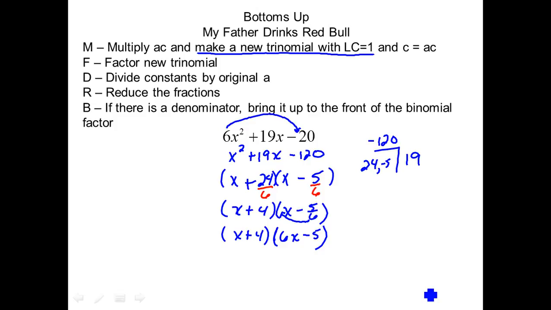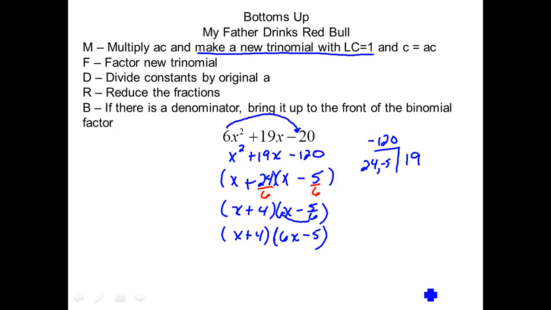So if you're thinking you're going to get out of this by choosing one method over another, you've got to do this very hard. Okay? So you have your 24 and your negative 5, that goes here. So multiply, factor, divide by what you multiplied back in, reduce, and then bring up. My father drinks Red Bull.